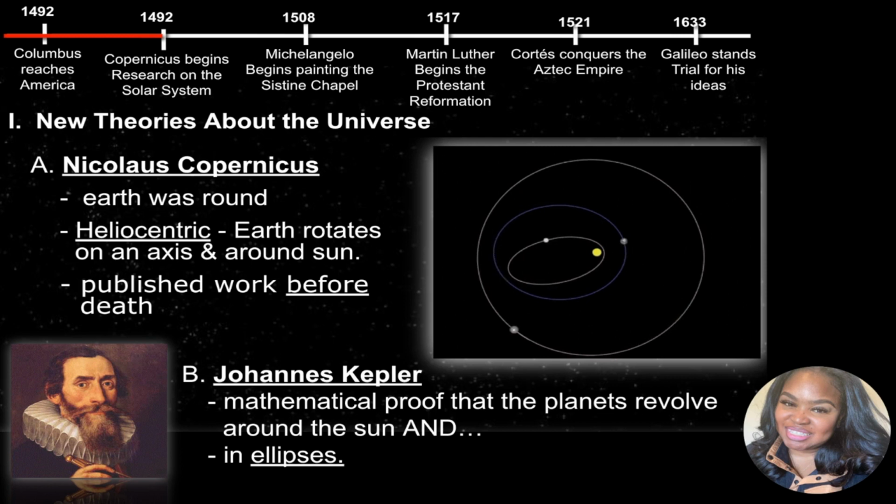Kepler proved Copernicus's assertions that Earth wasn't the center of the universe, and he also discovered that the planets moved in ellipses rather than circles, and they move at different speeds. Unlike Copernicus, Kepler was Protestant, and he lived in the Protestant north of Europe. Therefore, he didn't have to fear excommunication or trial from the Catholic Church.